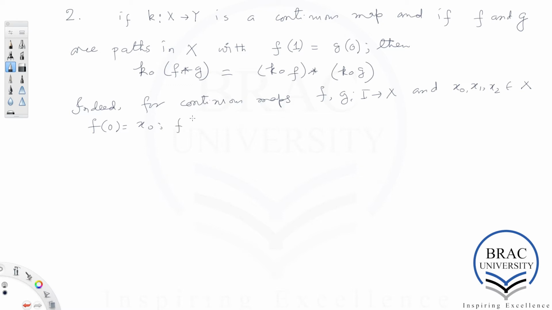The final point of F is X1. The initial point of G is the same as the final point of F, which is X1, and the final point of G is X2.